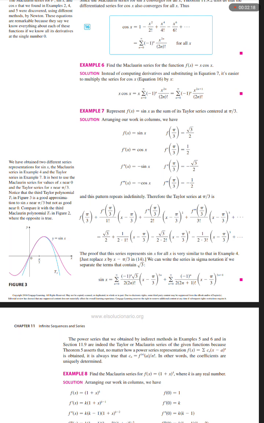And the third derivative f'''(x) = -cos x, where f'''(pi/3) = -1/2. And this pattern repeats indefinitely.